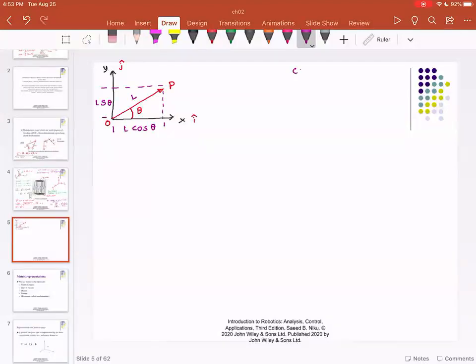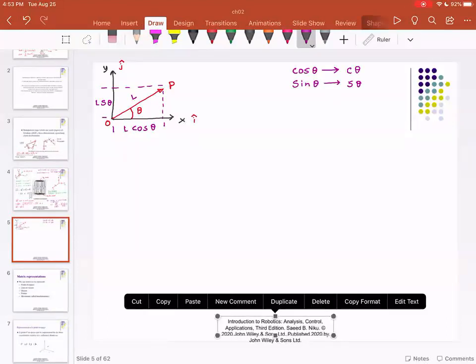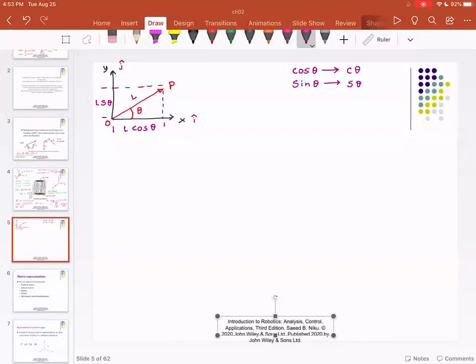Please understand, cosine theta I would represent as C theta, and sine theta I would represent as S theta. So the projection of this vector onto the x-axis is L cosine theta, and the projection on the y-axis is L sine theta.